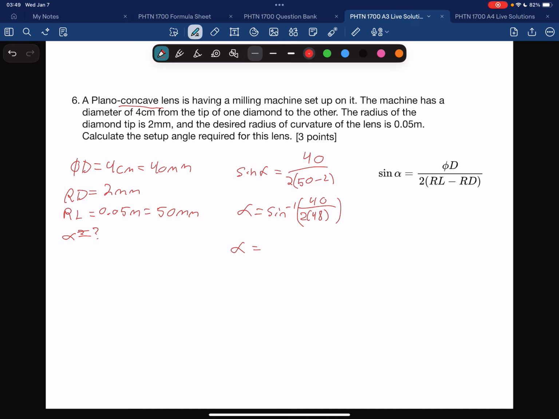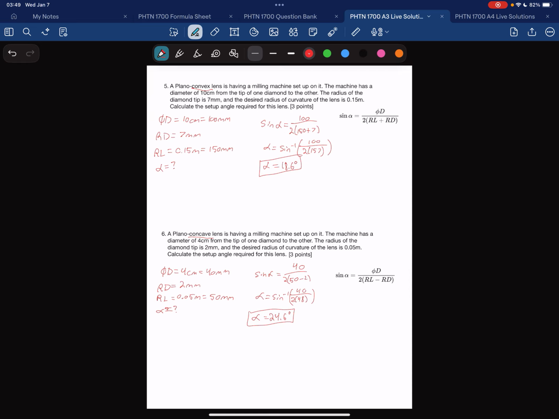I am punching into my calculator. I get 24.6 degrees. Did I forget to put degrees on my prior answer? Nope. Okay, we're good. So that was the assignment 3.